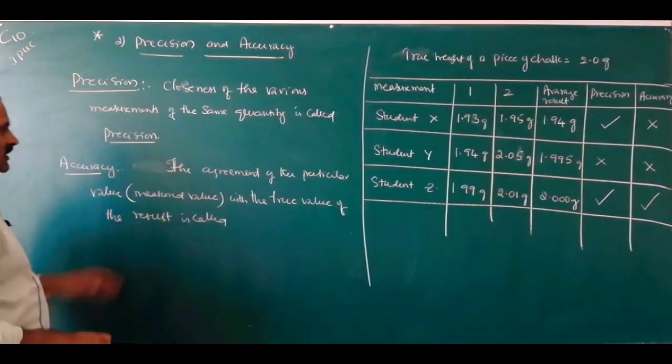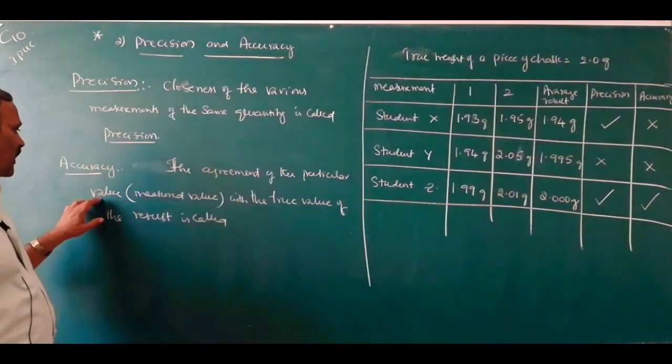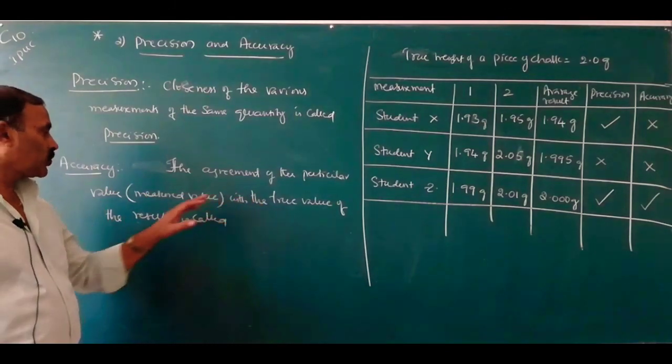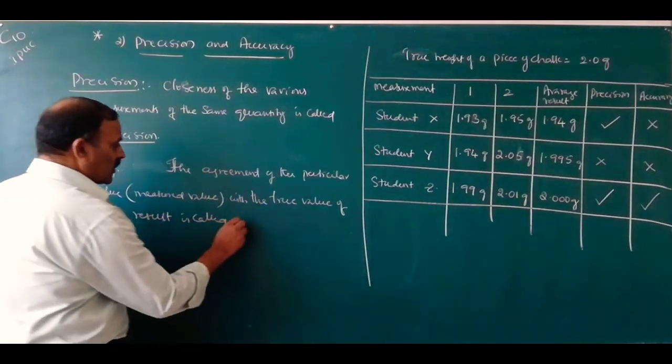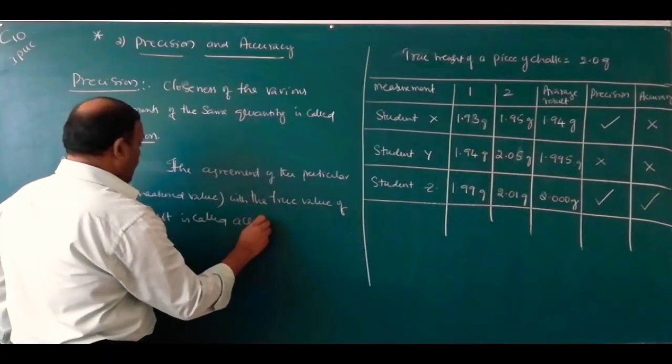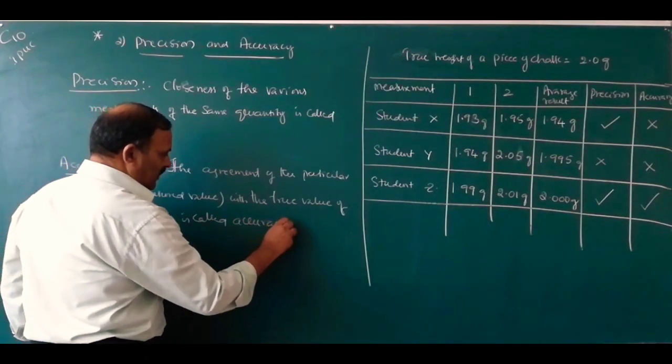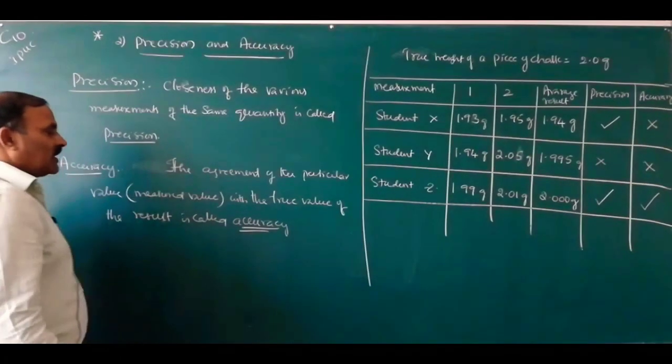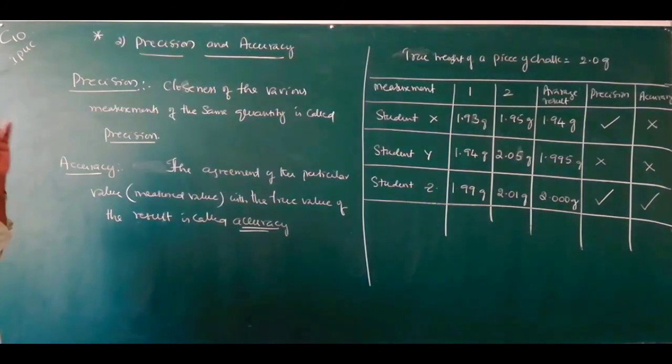Or you can write: the agreement of the particular value with the true value of the result is called accuracy. So understand the definitions of precision and accuracy.